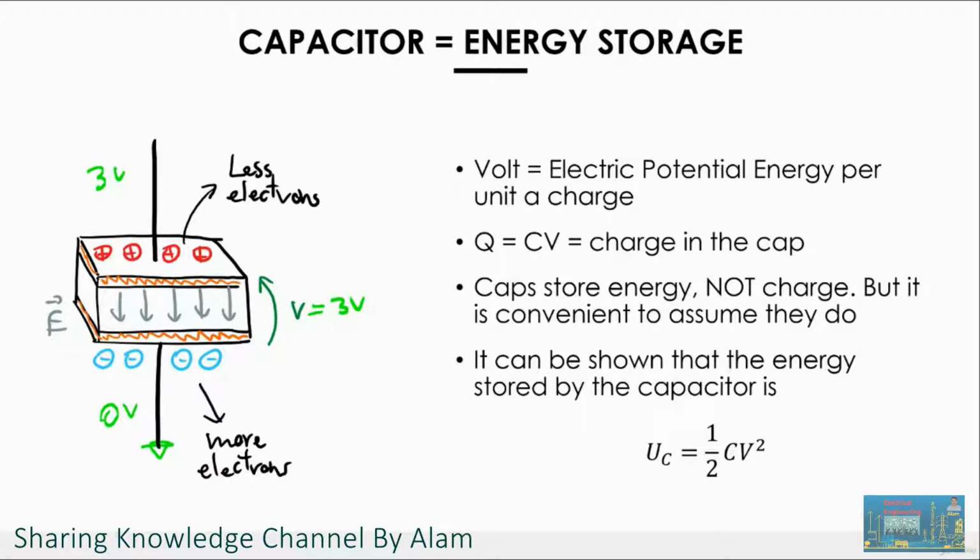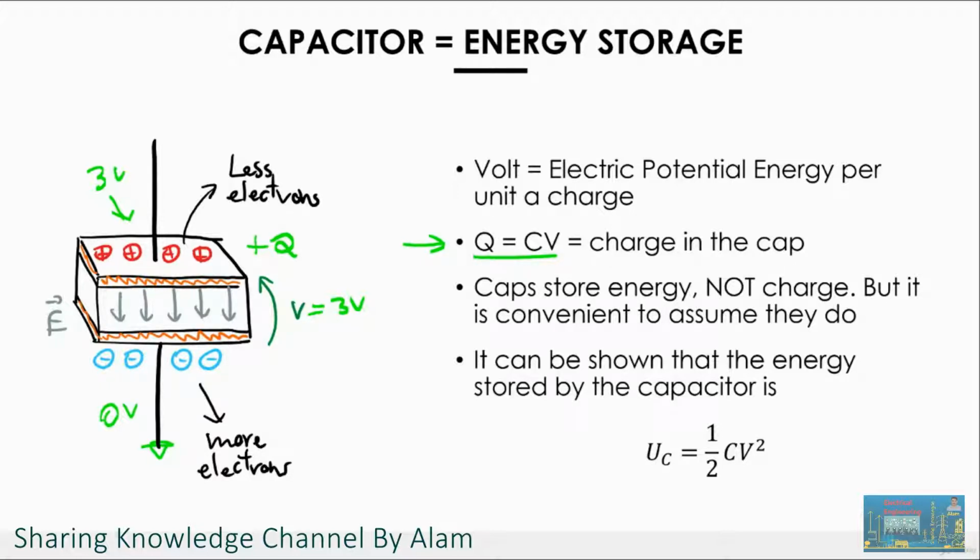Well, now if we look at this drawing, we see that we have a certain amount of positive charge Q sitting there at 3 volt potential. So if volt is electric potential energy per unit of charge, and we have a certain amount of charge sitting there at that voltage, that means that the capacitor in a way is storing a certain amount of electric potential energy.